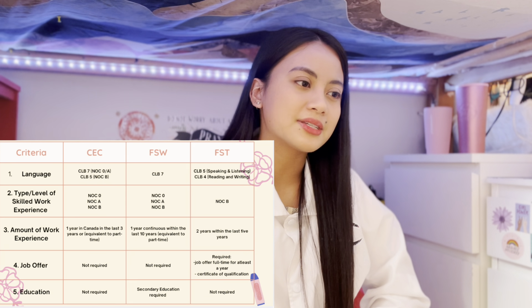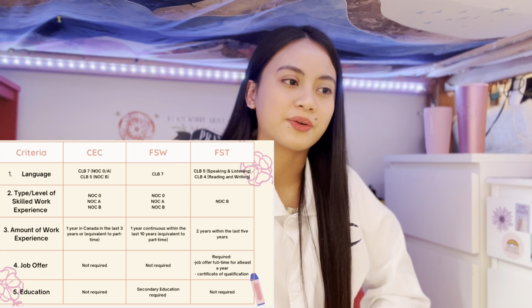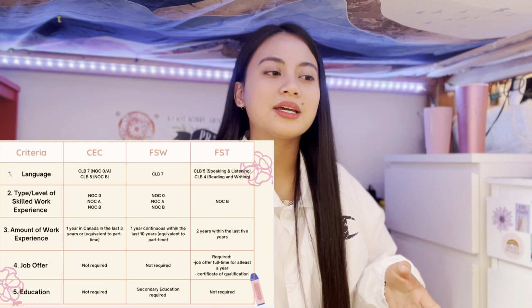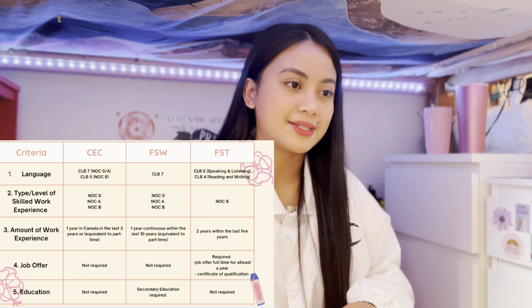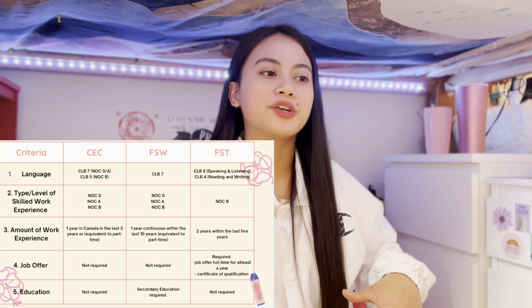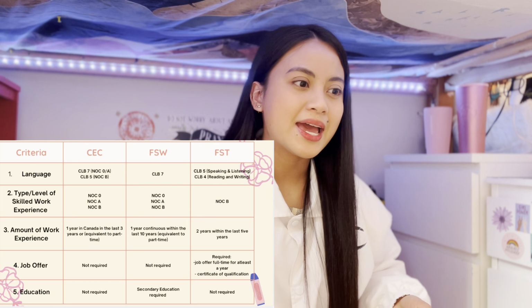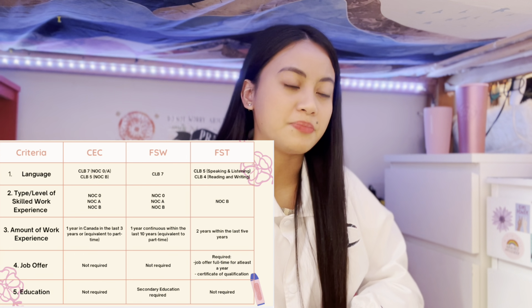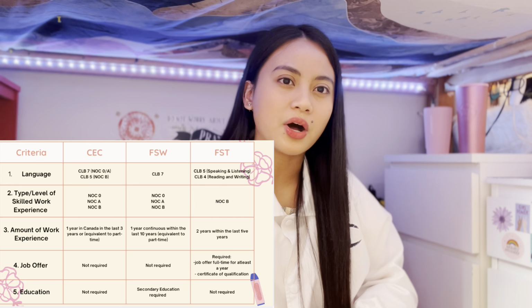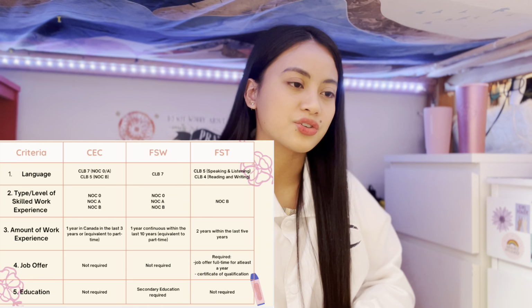Let's move on to the type or level of skilled work experience. For CEC and FSW, they are the same: you have to be under NOC 0, A, and B, while for FST you have to be in NOC B, which includes all the technical jobs and skilled trades.